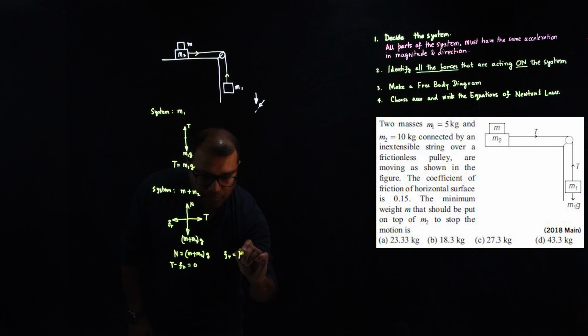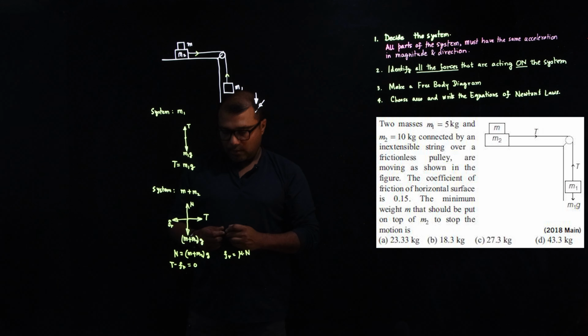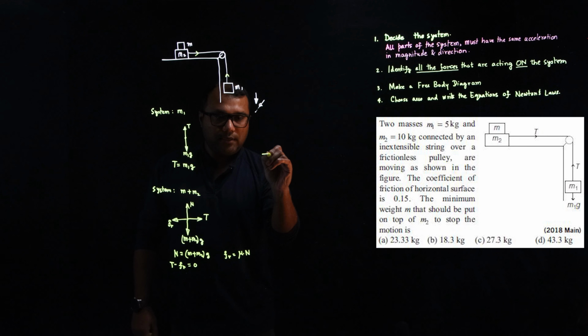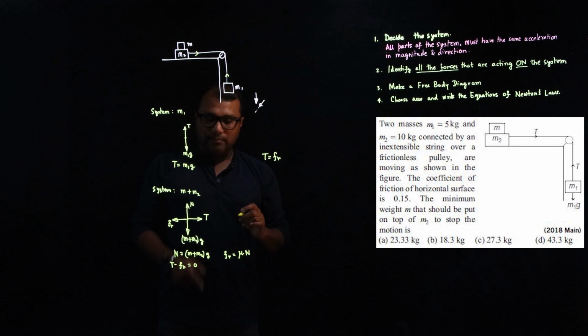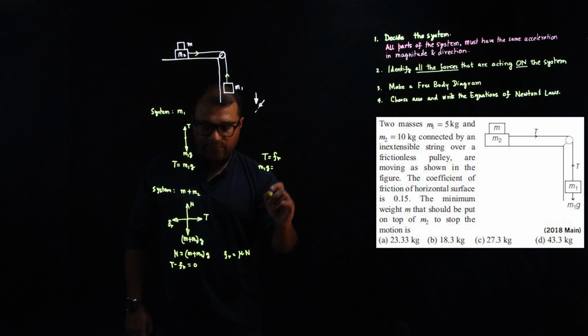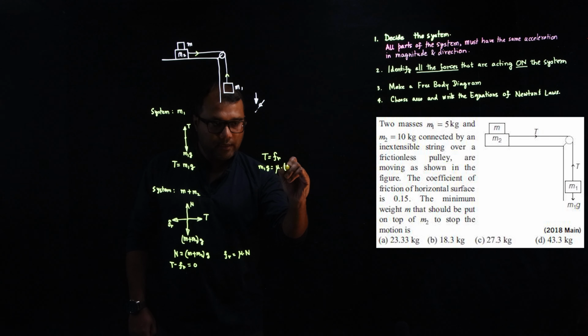Fr is mu times N. We have to find the mass M. T is m1g, Fr is mu times N, and N is (M plus M2)g.